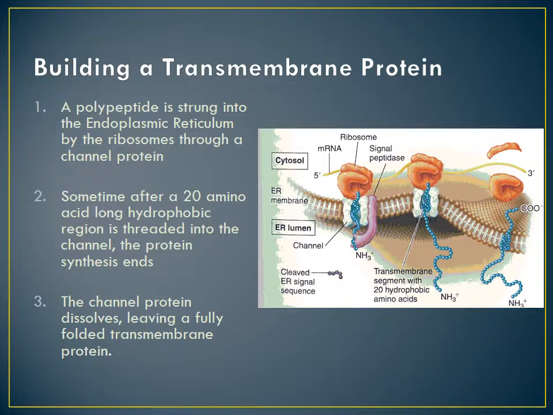Another C-shaped protein in the, this is the puppet show, by the way. Another C-shaped protein in the endoplasmic reticulum. They come together like that to form a circle, a hole. So you have one here floating around, one here floating around. They meet up, and now you've got a pathway through the endoplasmic reticulum.